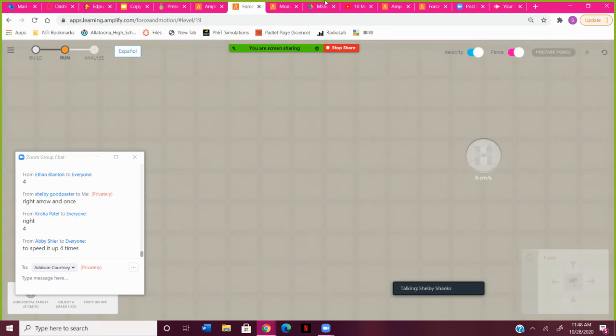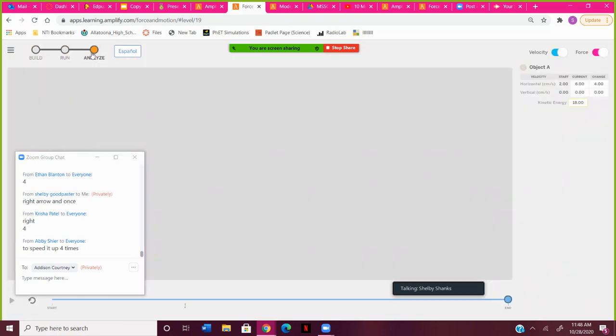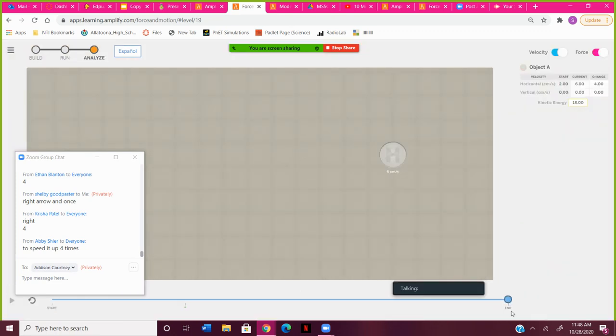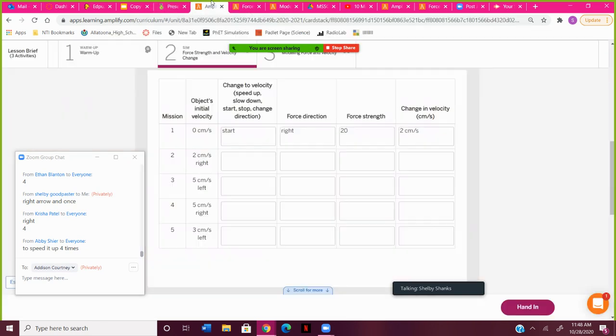Perfect. All right, so I'm going to go up here to analyze. I'm going to scroll our little scrubber bar down so that we can see the force of our arrow and we can see the change in velocity. All right, so we are going to go back to our table. What did we need to do to our object in order to get it in the target?